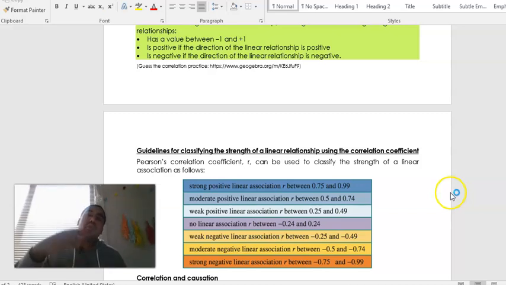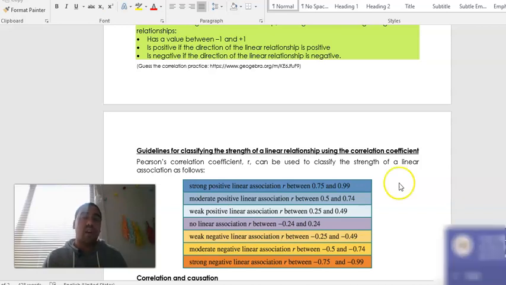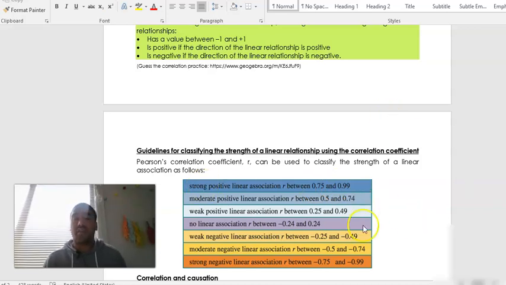Before, when we looked at our actual scatter plot, we had to figure this out just by observing it. If you use your calculator to find the R value, then we can say with certainty that between 0.75 and 0.99, it has to be a strong positive linear association. Between 0.5 and 0.74, there's a moderate positive linear association, and then weak between 0.25 and 0.49.